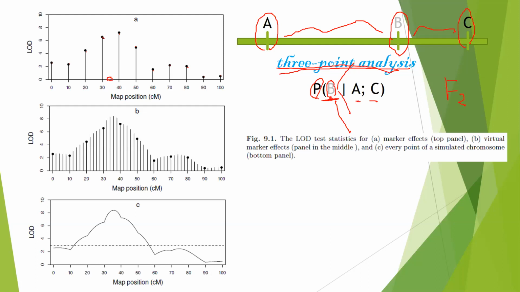Now suppose we knew the genotype data for this marker and this marker, and we knew the physical or genetic distance between this marker and this locus, and between the other marker and this locus. Then we can infer the genotype information for this locus.